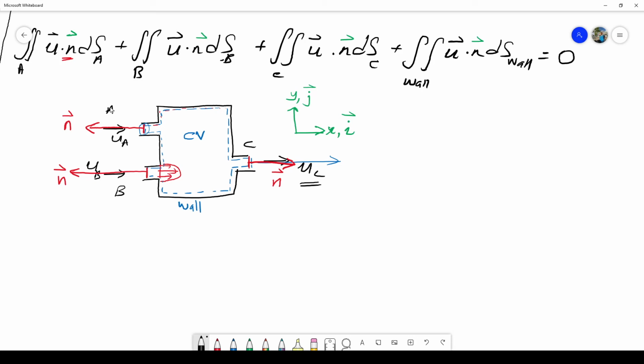All right, now we can rewrite our continuity equation to consider all the aspects we discussed just now. For surface A, we have u dot n, the velocity that is normal to the surface.